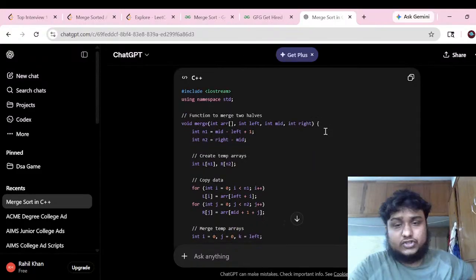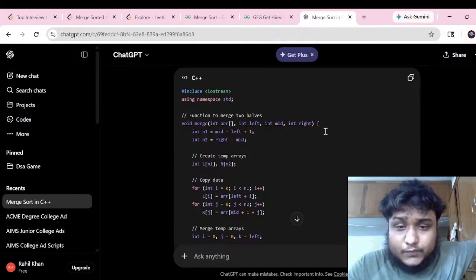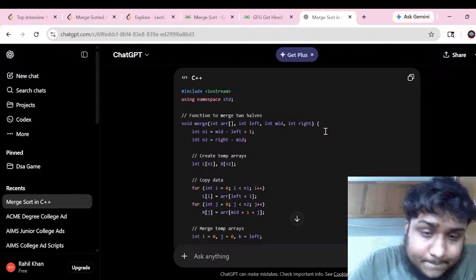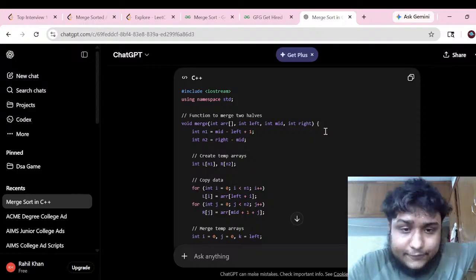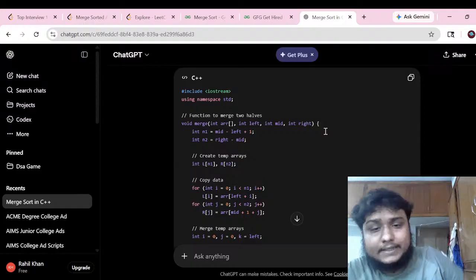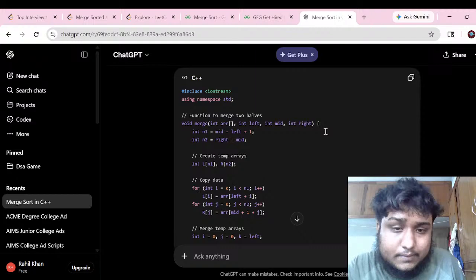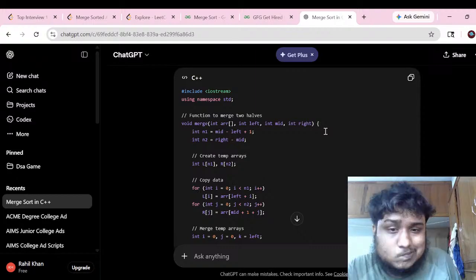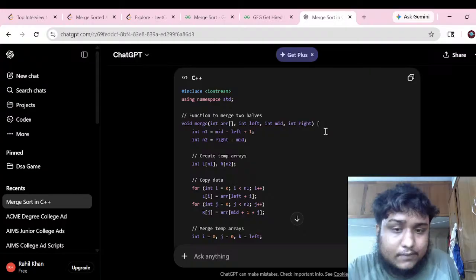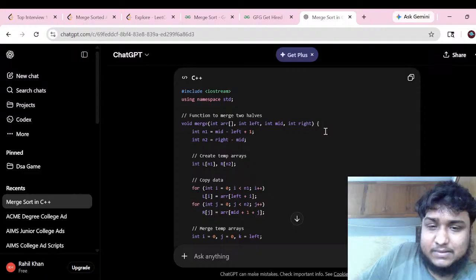Function to merge two halves. Void merge int array, int left, int mid, int right. So here ChatGPT had defined three variables, and int n1 is equal to mid minus left plus 1.